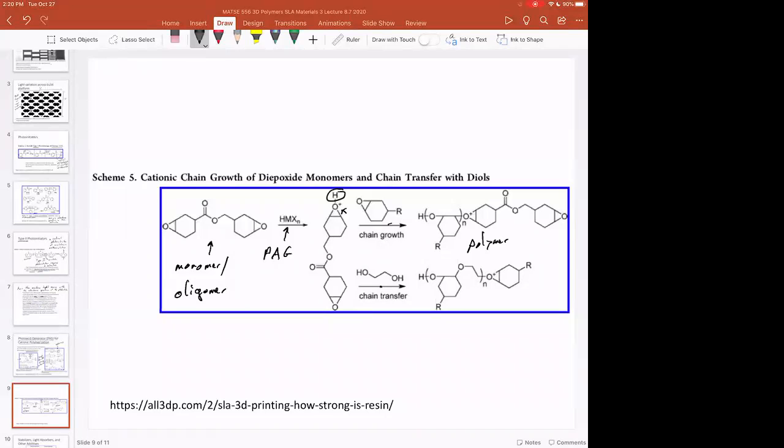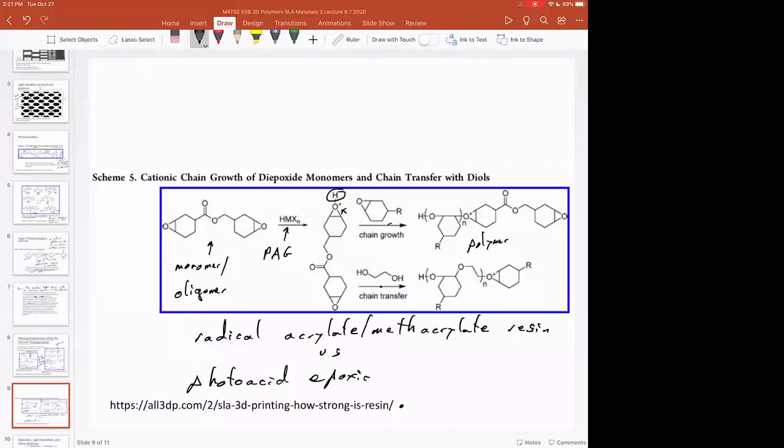But what you should know is that, and it goes through it a little bit right here in terms of the strength of SLA resins and when different resins are used, whether you have a radical acrylate, methacrylate resin, versus a photoacid epoxide resin.